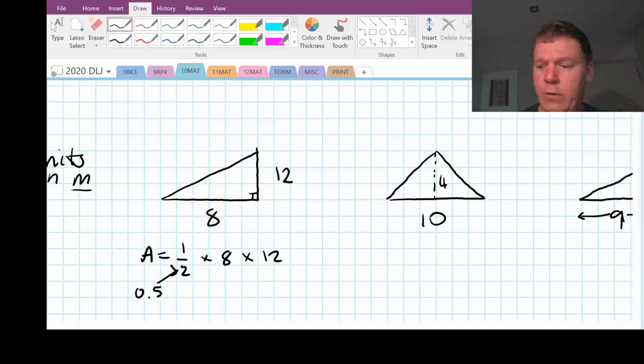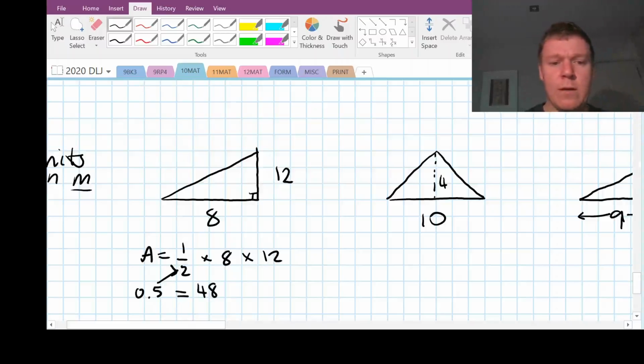I actually prefer to use 0.5. So that equals 48. And our units are meters squared, because we're working out how many little squares. So there'll be 48 little squares inside. Meters squared.